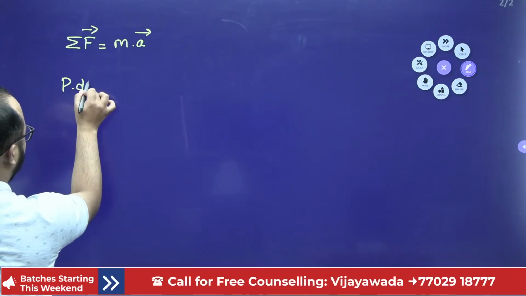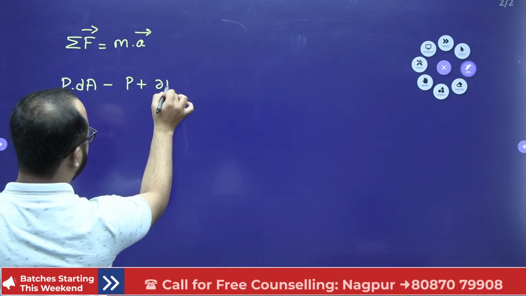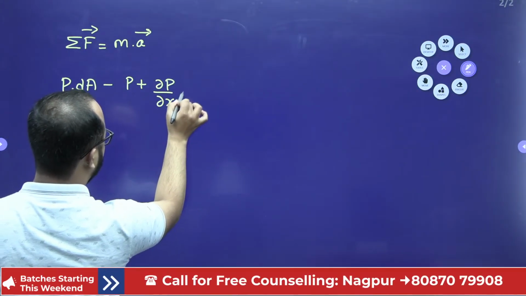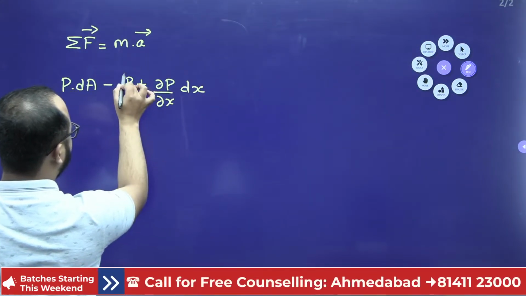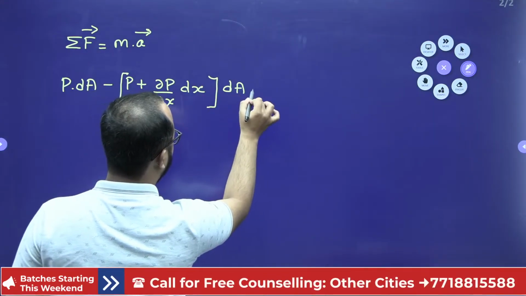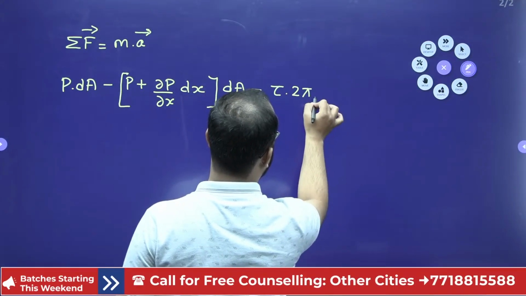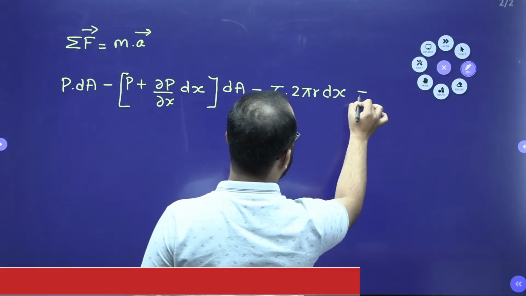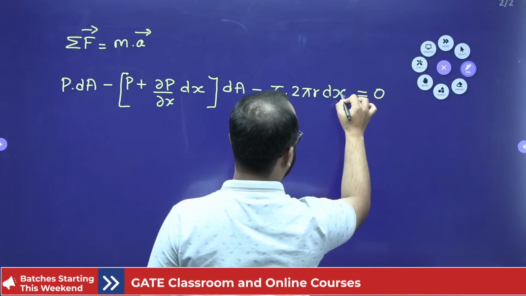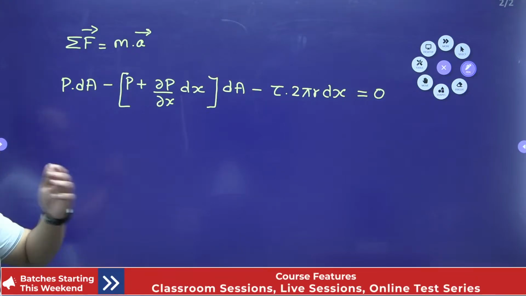So P into dA minus P plus ∂P/∂x dx into dA, minus shear stress τ into 2πr dx equals 0. I hope the point is clear. So this was the equation.